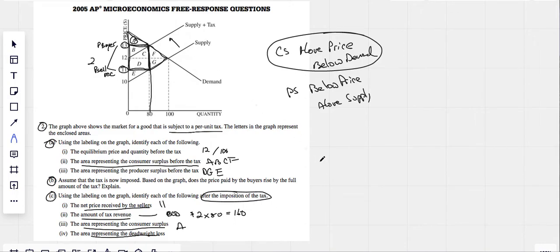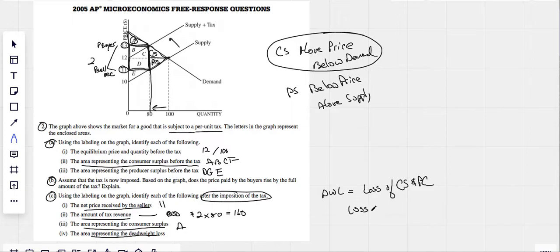Remember, we need to have a good definition for deadweight loss for the College Board. It is a loss of consumer surplus and producer surplus. Can we see that we've lost from that original equilibrium point some consumer surplus and some producer surplus, right? Society is worse off because it has less quantity of this good.